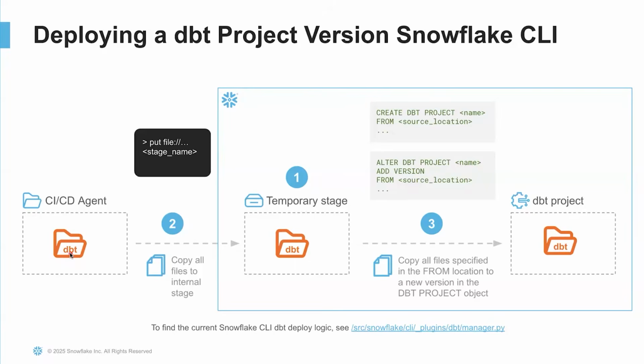Whatever else you need to do on your build side. But when you run this, it creates a copy of those into the stage, and then it runs what we just discussed earlier. It runs either create DBT project or alter DBT project, which then takes a copy of those files into that final object in the versions. So that whole process is done for you when you run that Snowflake DBT deploy.